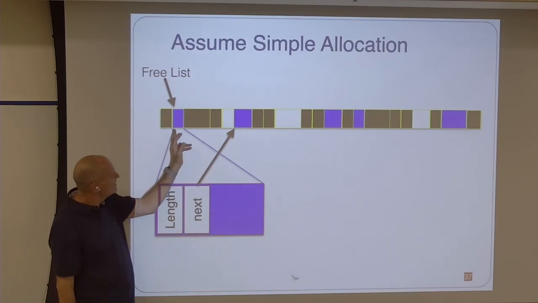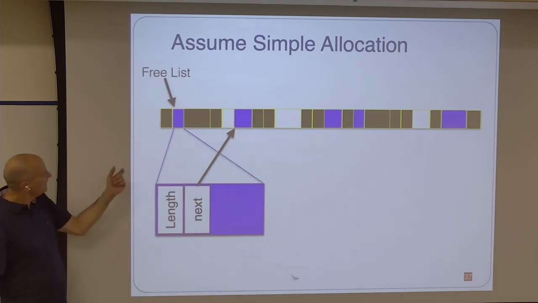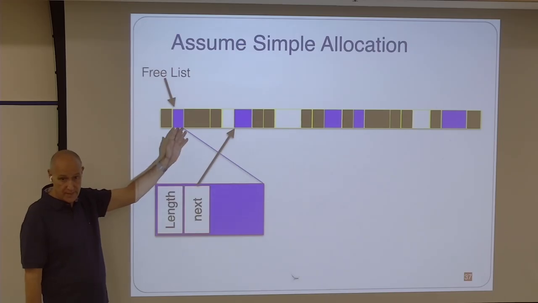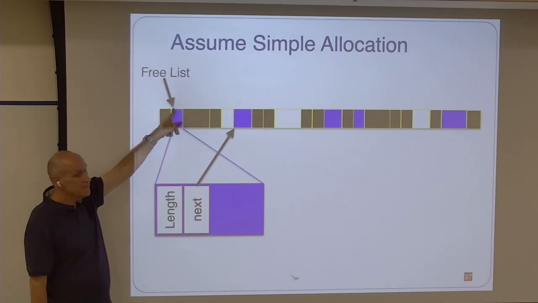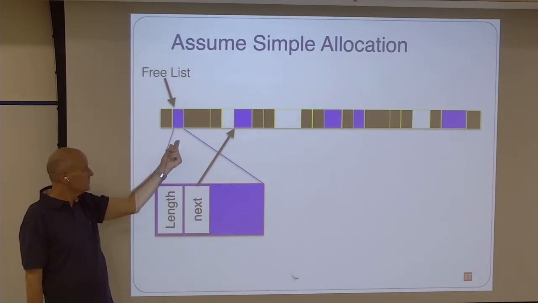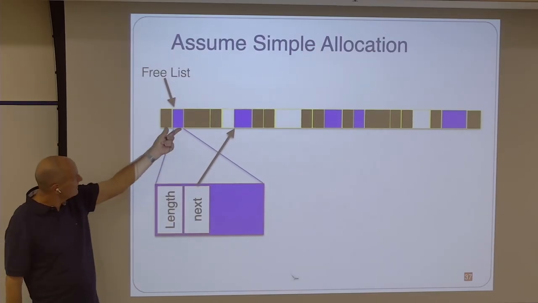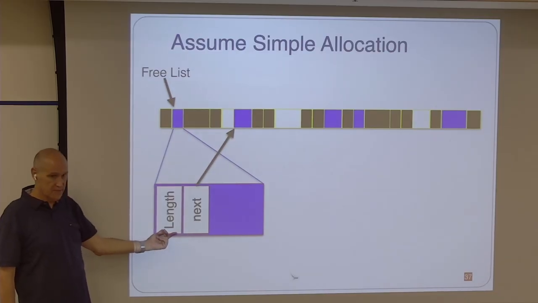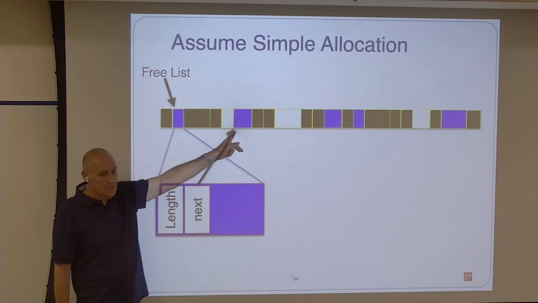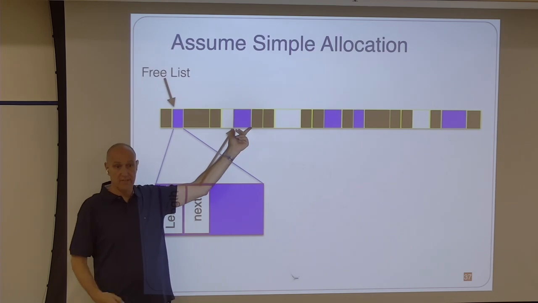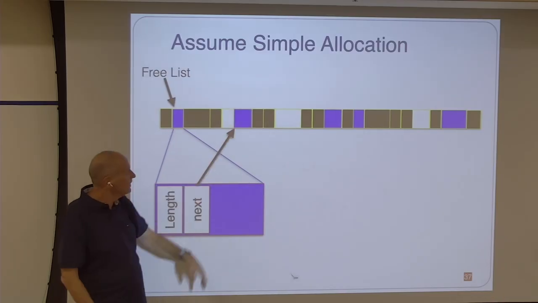We have all these unallocated objects that we are allowed to allocate from, and they will be, of course, in the heap, and I will mark them in blue. There will be a free list pointer which shows us maybe the first element, but it doesn't have to be in order. There will be a linked list like that. In this element, there will be the length of the element, so I know how much I have for allocation, and the next pointer. This means the next, in the linked list, the next allocatable area. So all the blue things will be like that.